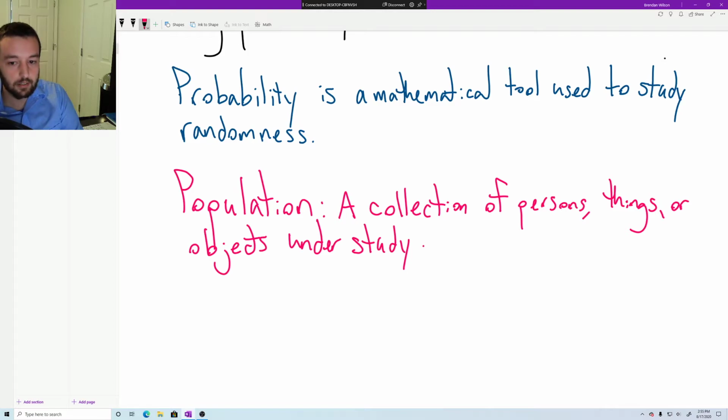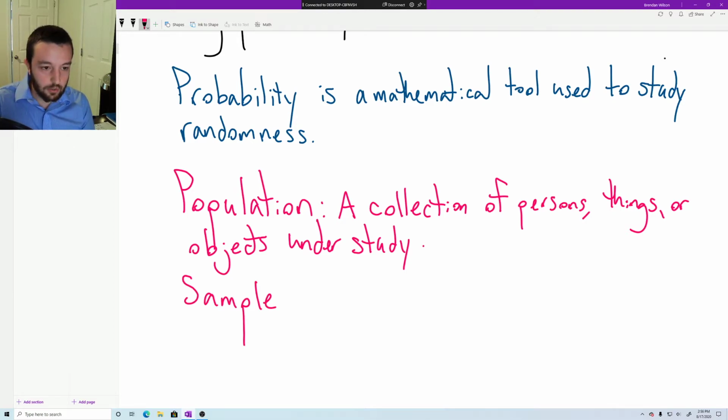The population is going to be how the people of the US are going to vote. Okay, it's not just the people of the US, it's specifically how they're going to vote. So we specifically want the part that is under study. Okay, so it's not just the people, it's specifically what we're trying to get from those people, which is the information about how they're going to vote. Okay, I think it'll make more sense when we talk a little bit more about examples, so I won't say too much about it now. But very related to population is the sample. Okay.